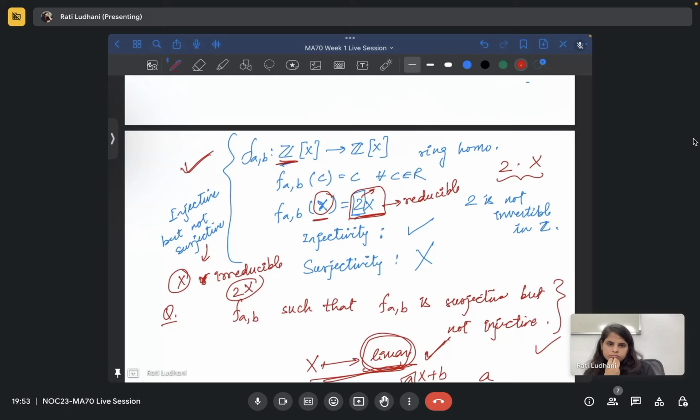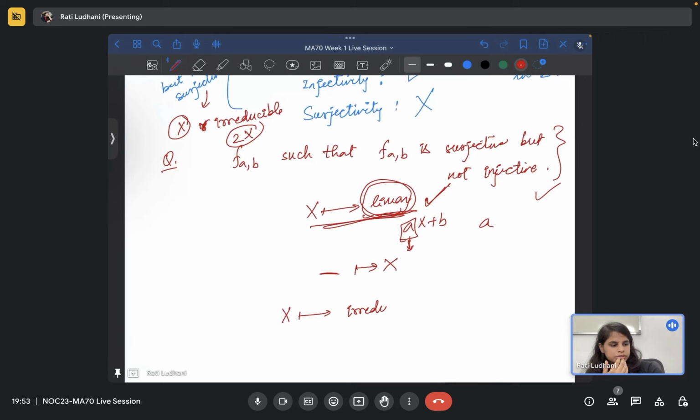So you can try one thing at least. If x maps to an irreducible element, let's say an irreducible polynomial of higher degree, because in the next question the irreducibles of higher degree are there.